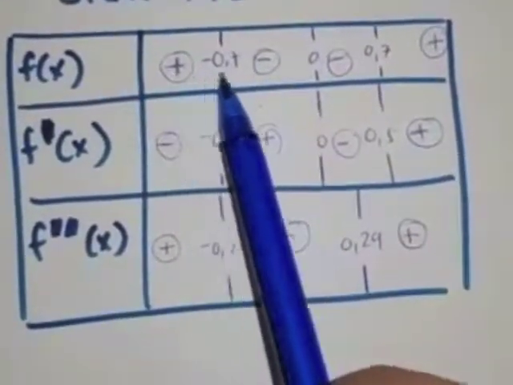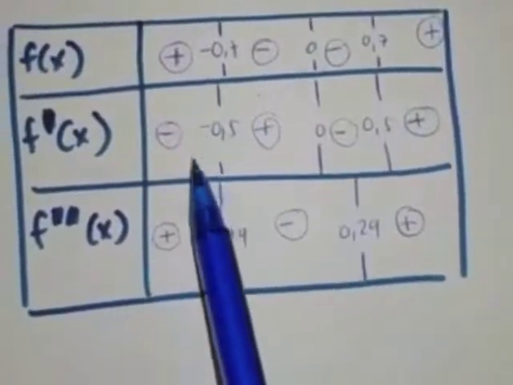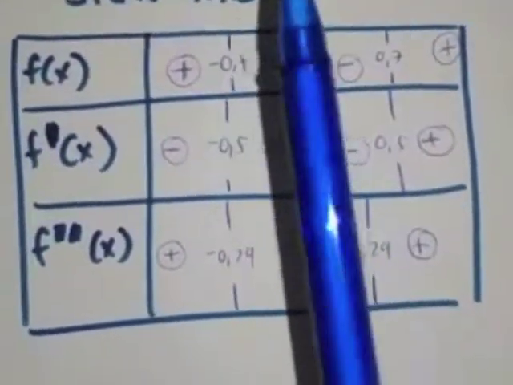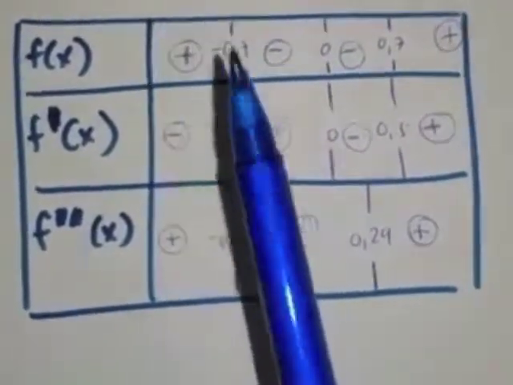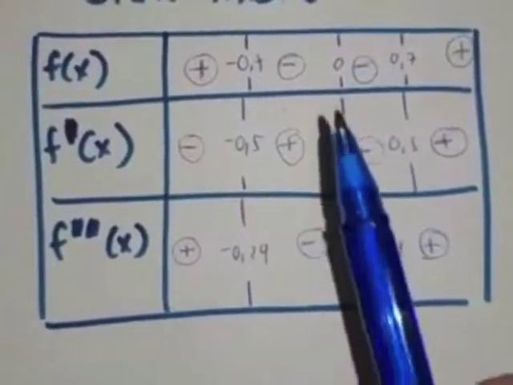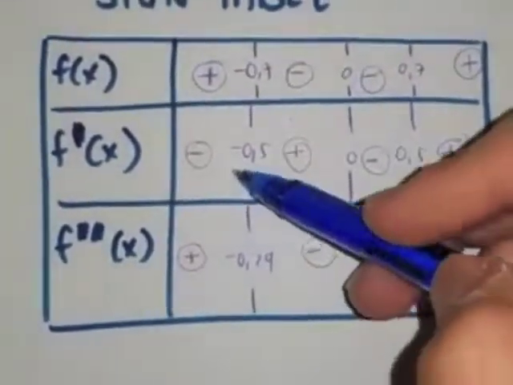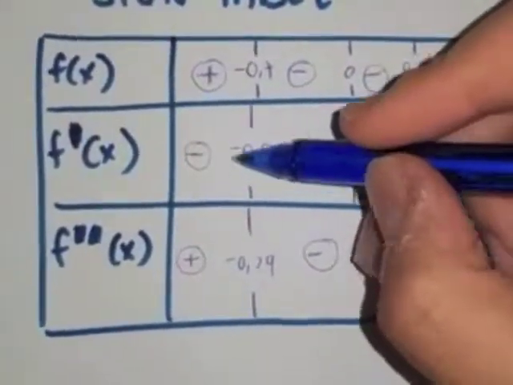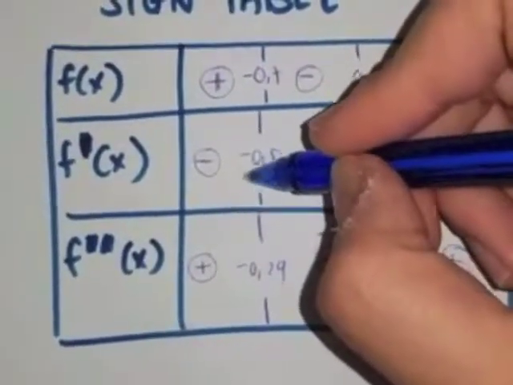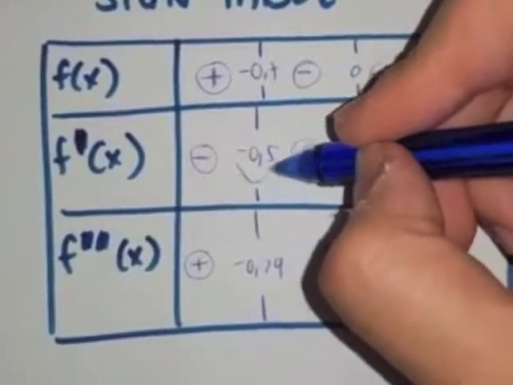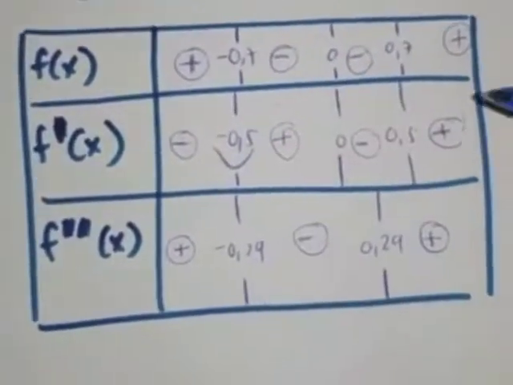As you can see here, we've got changes in sign, because obviously we've got critical points here. But also, something very interesting from this is that you can see what the graph shape looks like. Because we know that the gradient is negative before negative 0.5 and then positive, the graph should have a shape like this, where the gradient is negative and then has a turning point at negative 0.5 and becomes positive.